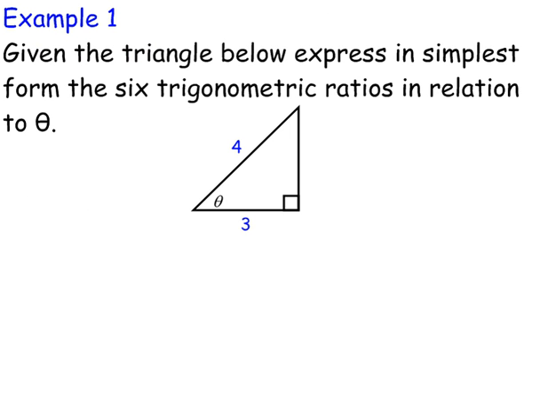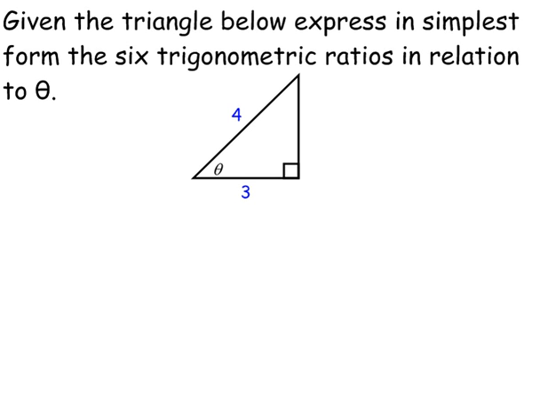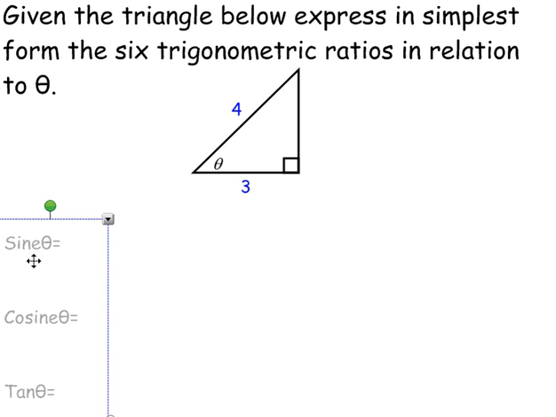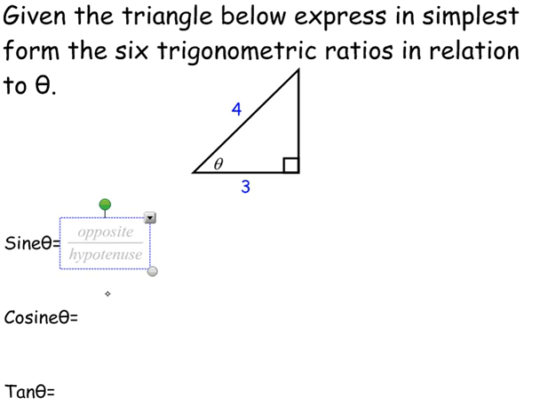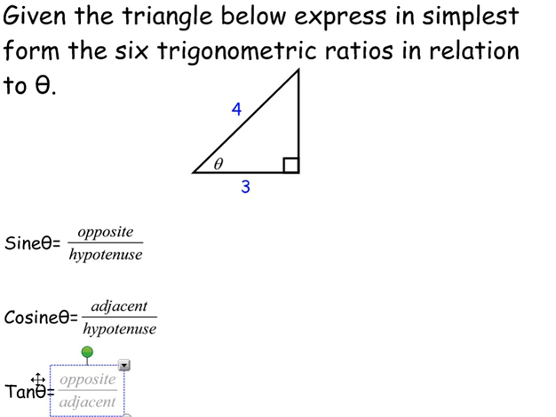Example 1. Given the triangle below, express in simplest form the 6 trigonometric ratios in relation to theta. So let's begin with the first 3, sine, cosine, and tangent. And we could use our mnemonic device, SOHCAHTOA, to remember the formulas. The sine of theta is equal to the opposite side over the hypotenuse side.